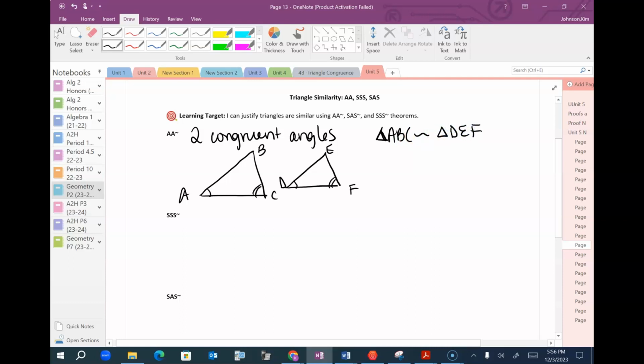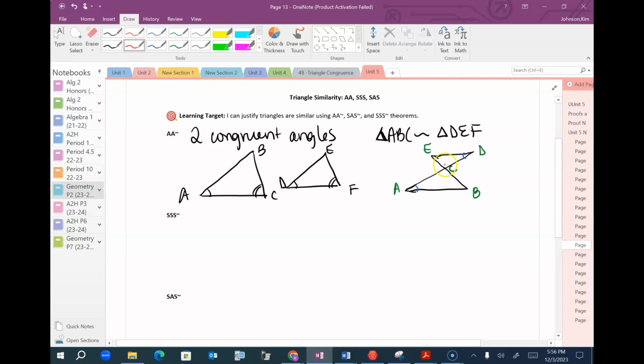I can also possibly see that in another way. Let's say that I mark angles A and D congruent.